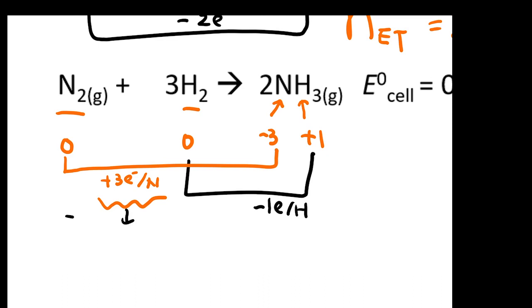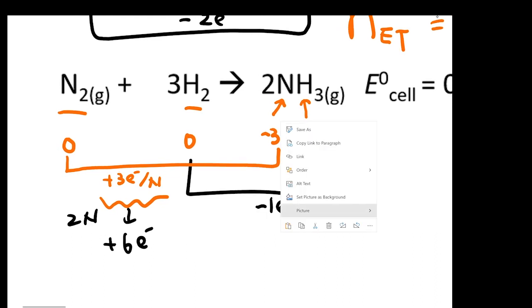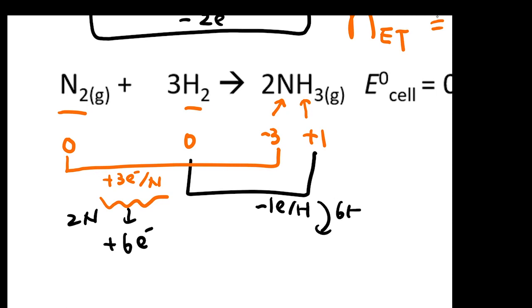Since you have 2 nitrogen, for your GRock you need to gain 6 electrons in total. How many hydrogen? 6. Since you have 6 hydrogens, you lose 6 electrons.